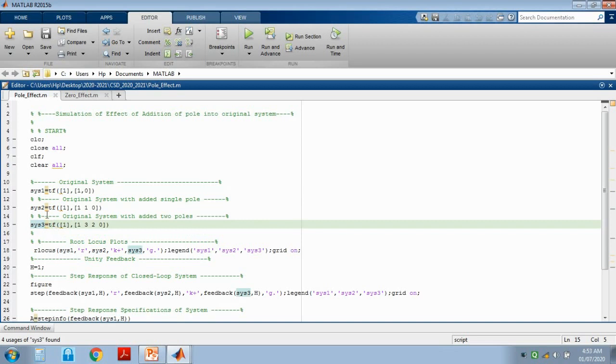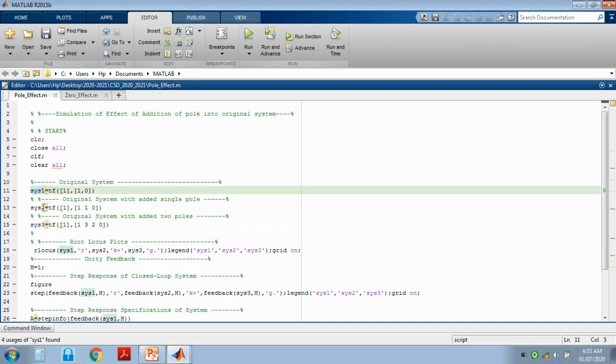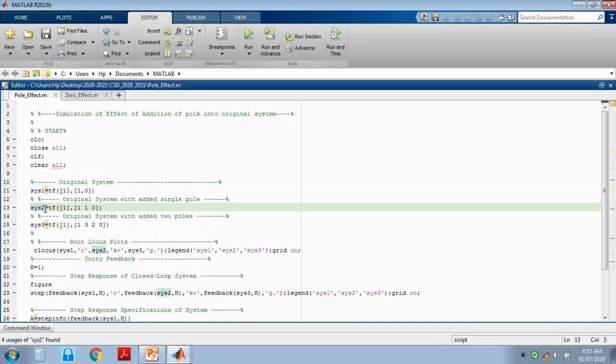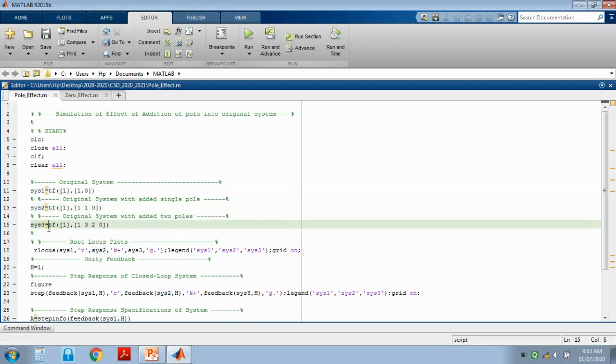So we are having the open loop system K upon s, then the open loop system K upon s into (s plus 1), and the open loop system K upon s into (s plus 1)(s plus 2).